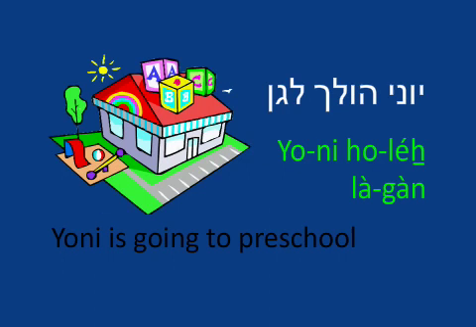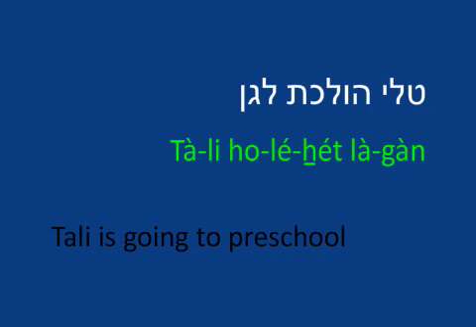Good job. Let's learn the word for preschool. To say preschool or kindergarten, the word is gan. The word also means garden. So Noah, let's hear Yoni is going to preschool. Yoni holech lagan. And how about Tali? Tali holechet lagan.